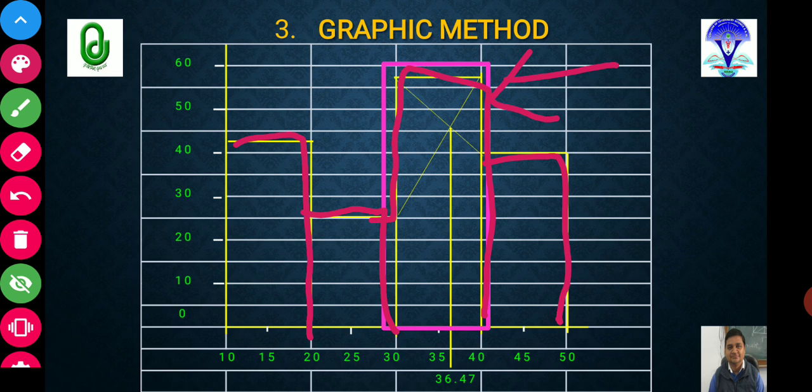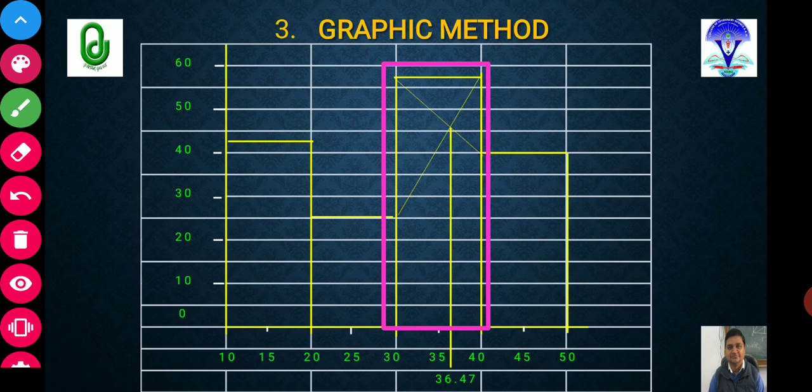From the upper corner of the model rectangle, we have drawn a line up to the adjacent rectangle, and again from the upper corner we have drawn a line to the other adjacent rectangle, and at the intersecting point we have drawn a perpendicular to the x-axis, and this corresponding value, that is 36.47, is the mode. So the graphic method is a very easy method to determine mode in case of a continuous series of data.